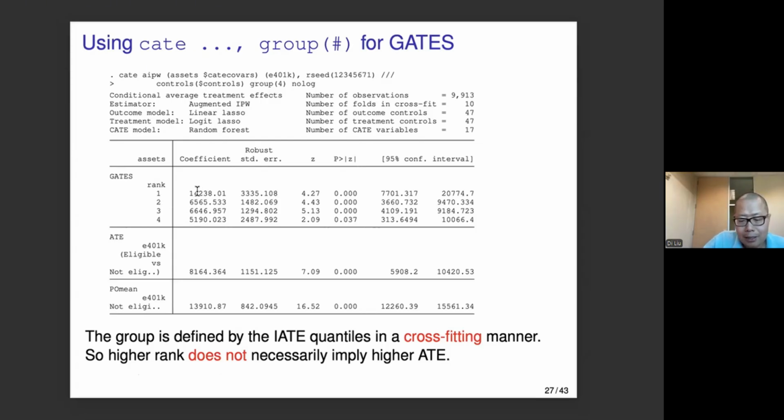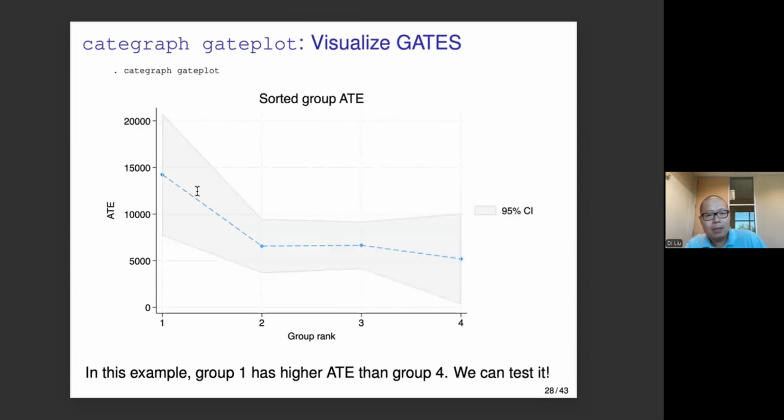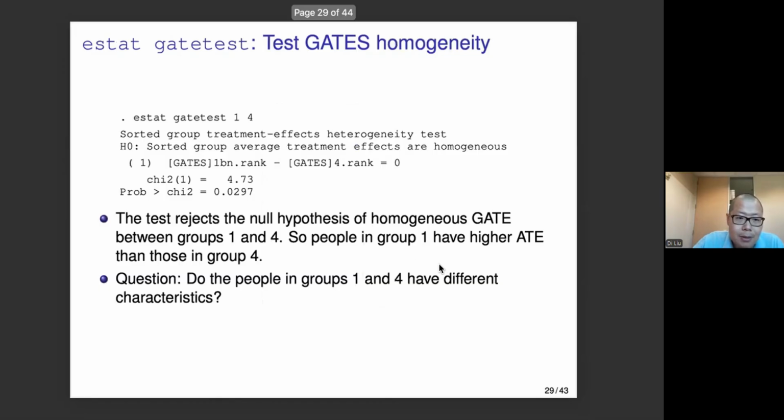GATE. And as we saw in the previous example, we can also use a GATE plot to visualize the trend of the estimations. In this example, group 1 had a higher ATE than group 4. And we can also test it. We can use the GATE test to test the treatment effect difference between group 1 and 4.